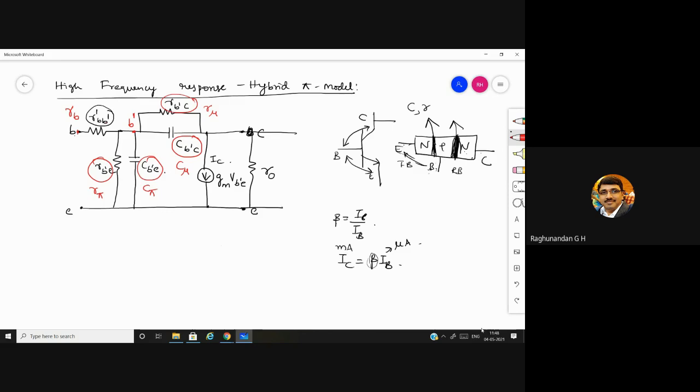After that, we are going to discuss the different resistances we have obtained, rBB', rB'E, and how we have obtained them. So these are known as the hybrid pi resistances.